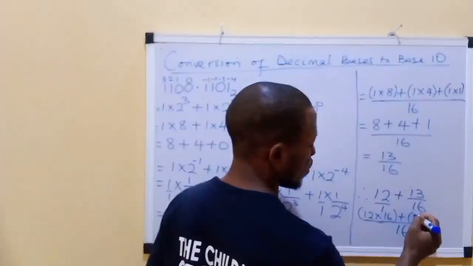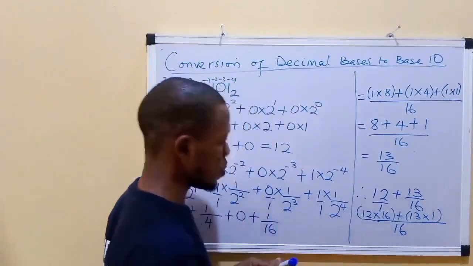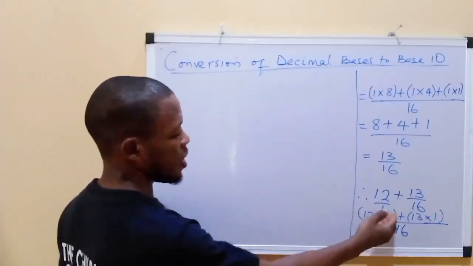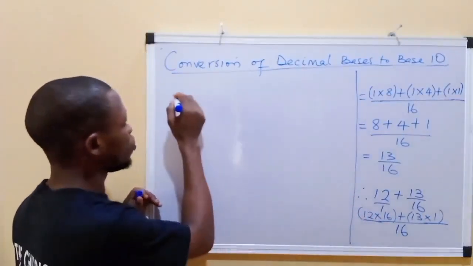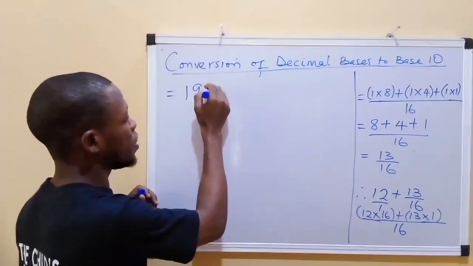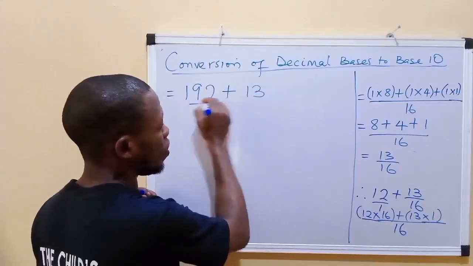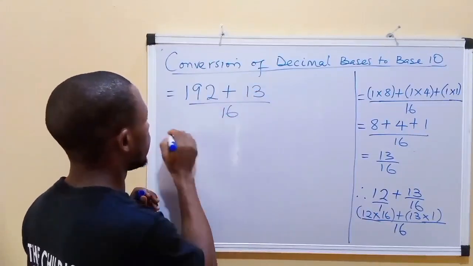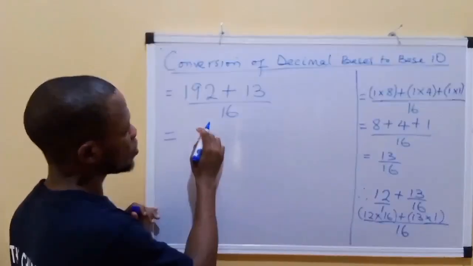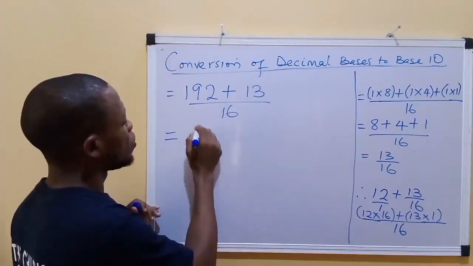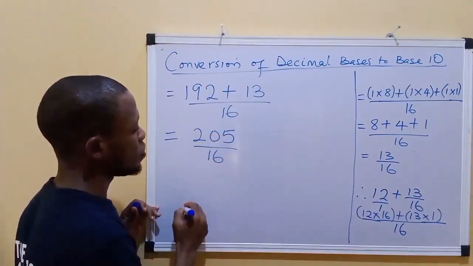We will have 13 times 1. Okay, 12 times 16, if you do your multiplication well, is going to give us 192. So we'll have 192 plus 13 times 1 is 13, all over 16. 192 plus 13, that is going to give us 205, then all over 16.